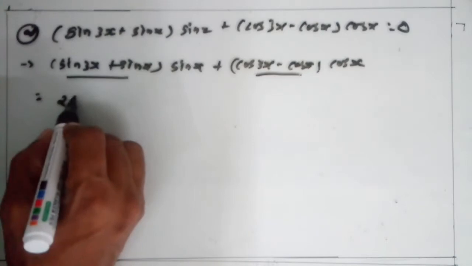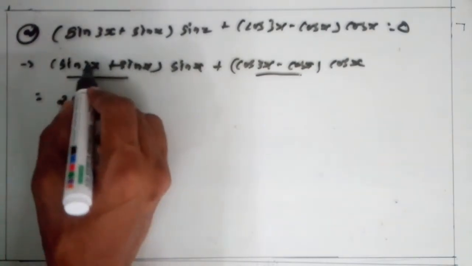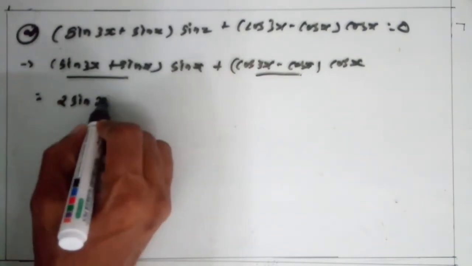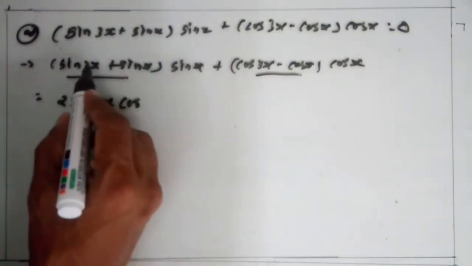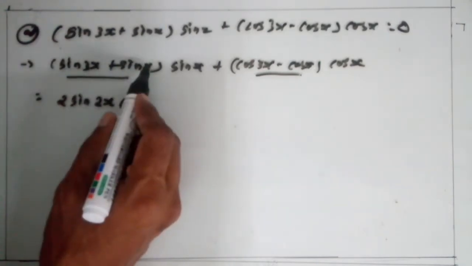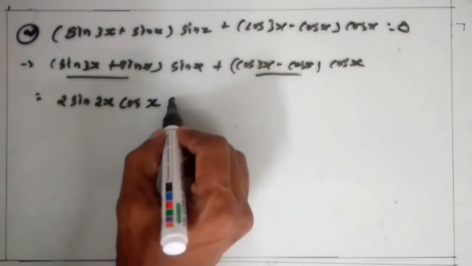So 2 sin of the addition divided by 2, (3x + x)/2 becomes 2x, into cos of the subtraction divided by 2, (3x − x)/2 becomes x, into sin x.